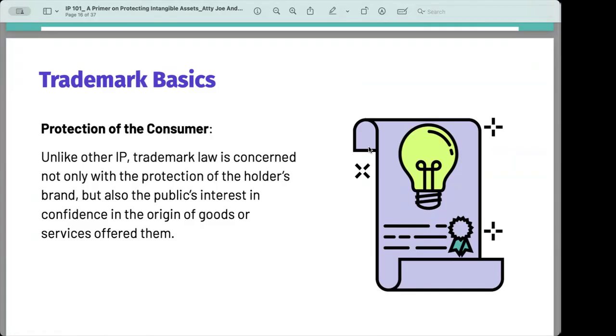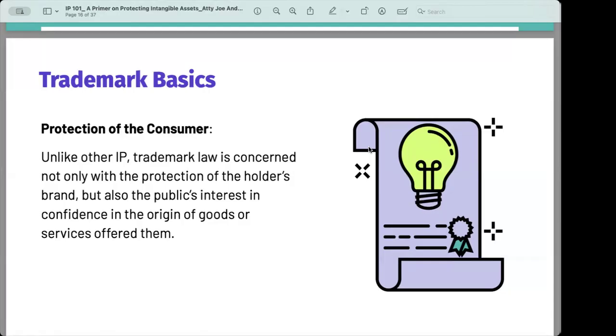Patent protects the owner, copyright protects the owner, trade secrets protect the owner. Trademark protects both the owner, because it can be their most valuable asset, their brand, but it also protects the public. It protects the public from fake, pirated objects. It allows them to understand, or to count on the origin of the goods or services offered.